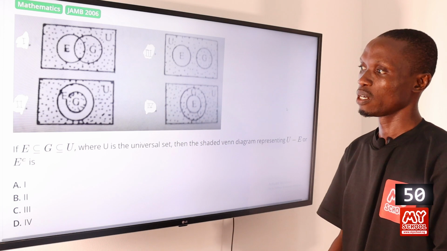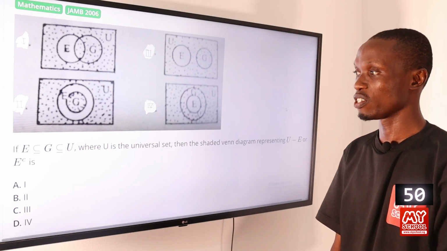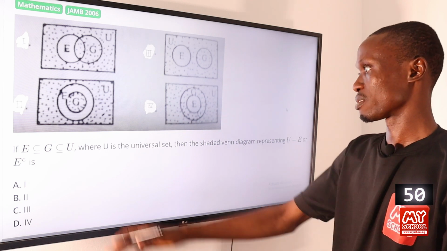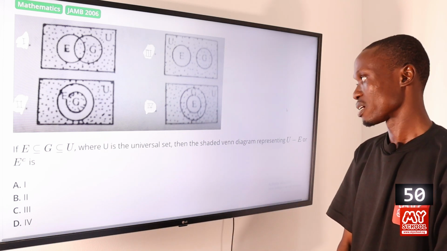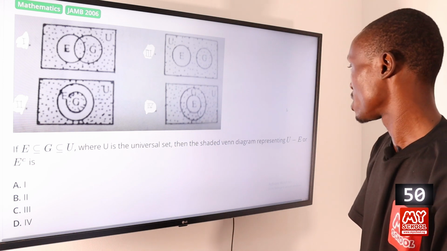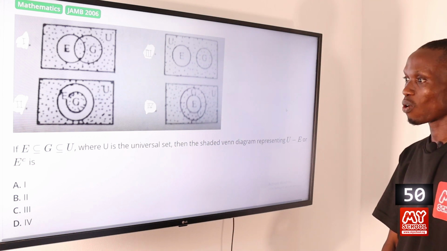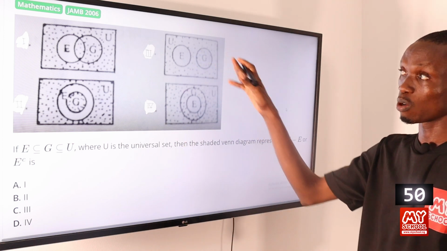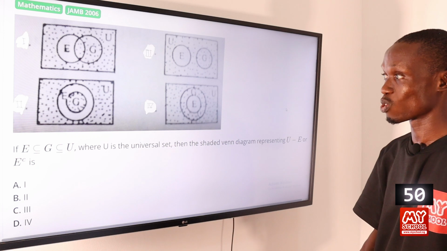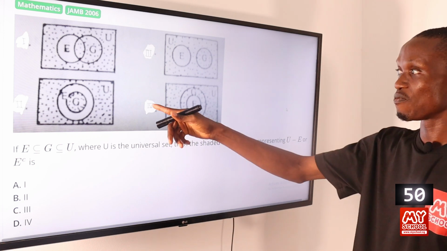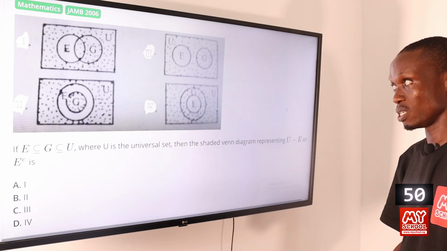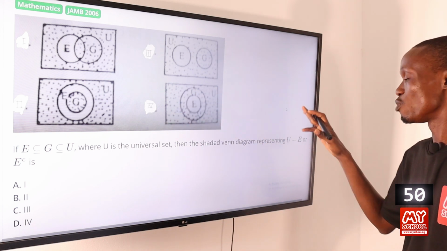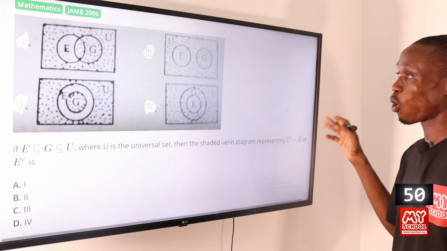Question 50. If E is a subset of G and G is a subset of U, remember U here represents the universal set. Where U is the universal set, then the shaded Venn diagram representing U minus E, or E complement, is... So clearly looking at the board, we know that the answer to this question is option IV, which is option D. The reason for that is that this is the Venn diagram that represents U minus E, or E complement.